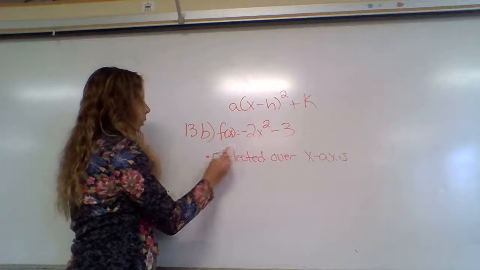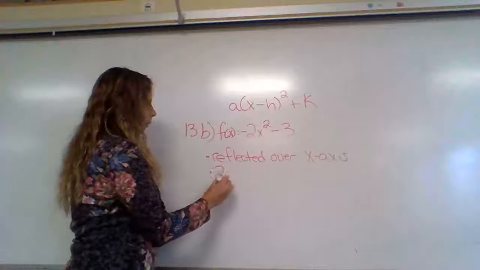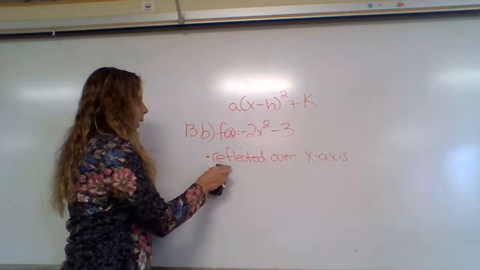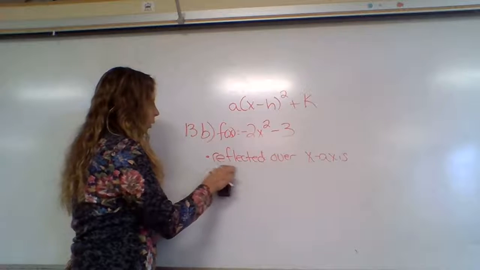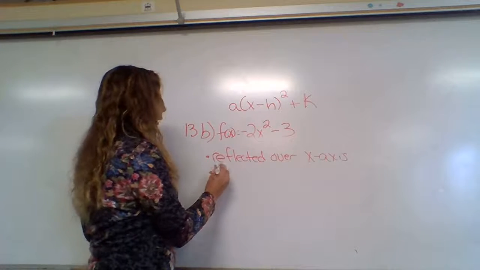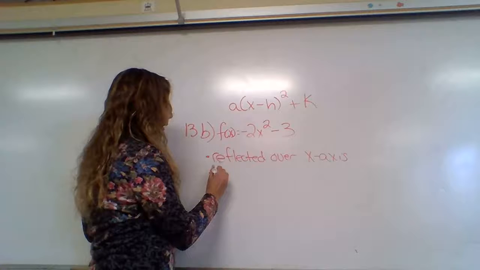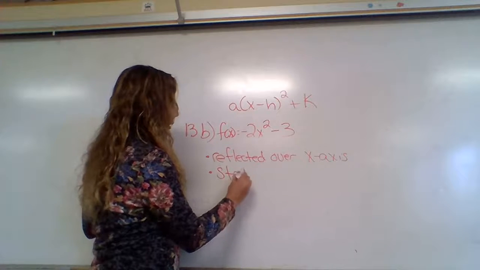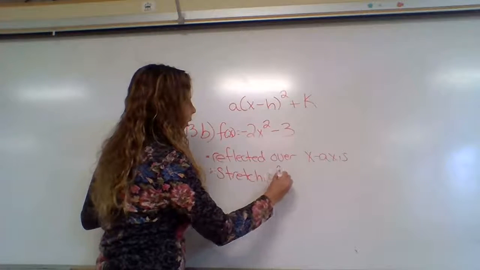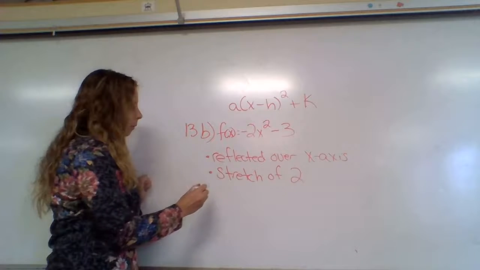Okay, negative 2. What's the 2 mean? Oh, sorry. That means we have a stretch of 2. So this is going to be skinnier than the normal parabola. This is a stretch of 2. It makes it skinnier.